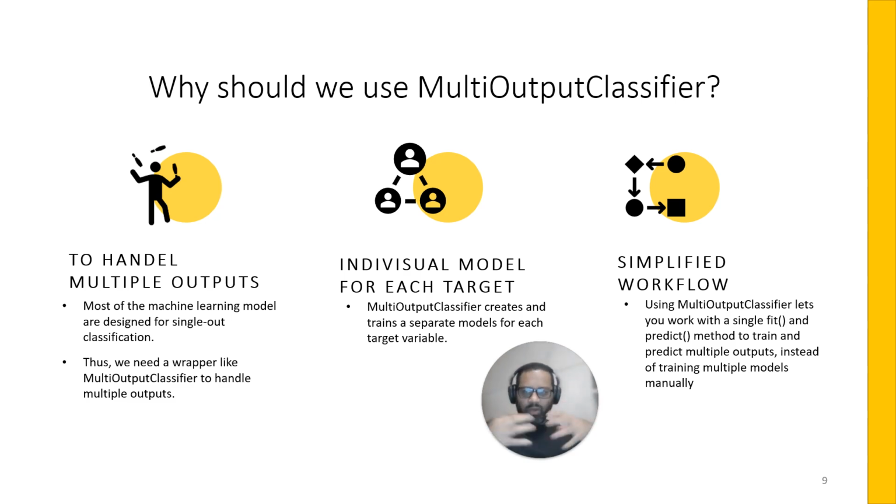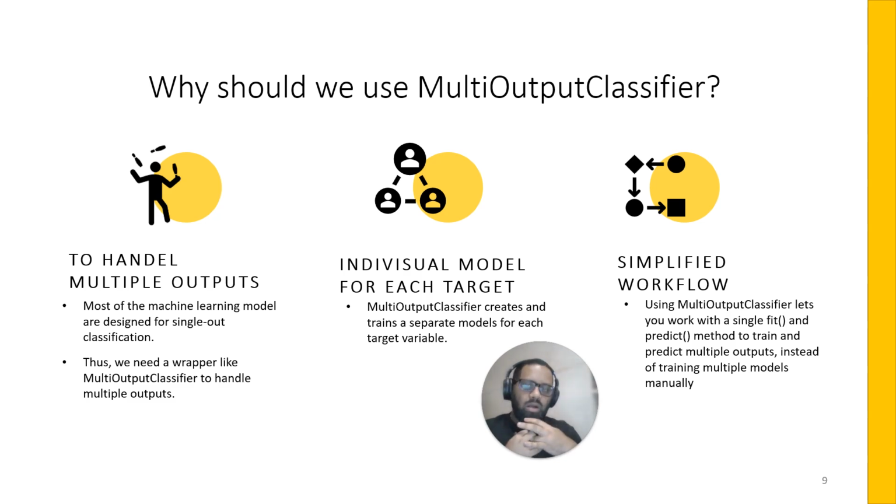Thus, we need a wrapper like a multi-output classifier. This sentence is important: a multi-output classifier is not a tool, it's just a wrapper. Which means it is like a shortcut to do the meta model testing.